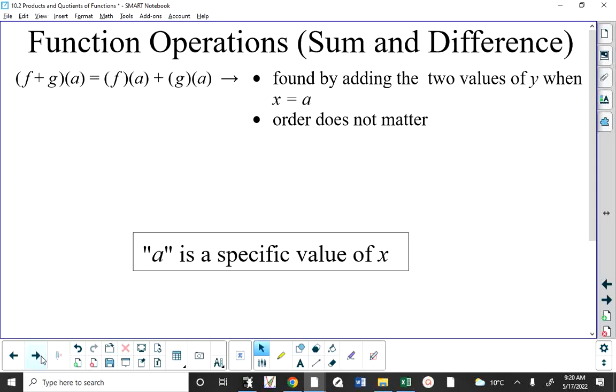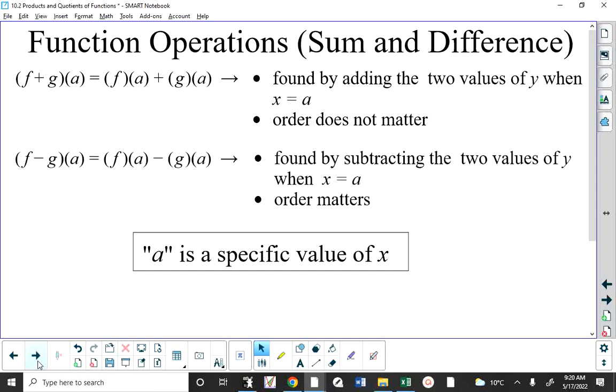That's all f of a is. And g of a is the y coordinate on g when x equals a. So you add the y coordinates and the order doesn't matter. If I had (f minus g) of a, then we subtract the two y coordinates or y values, and the order does matter.